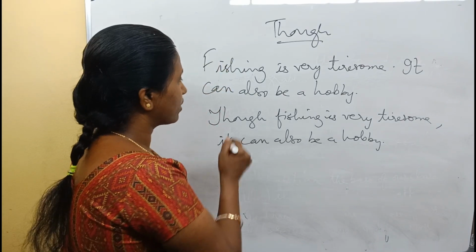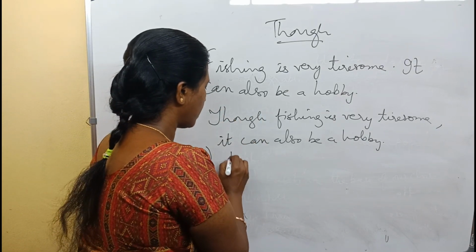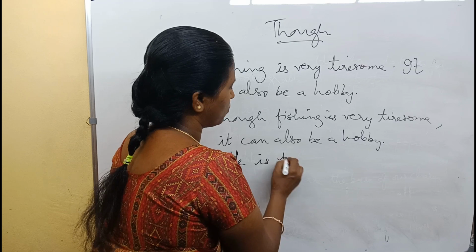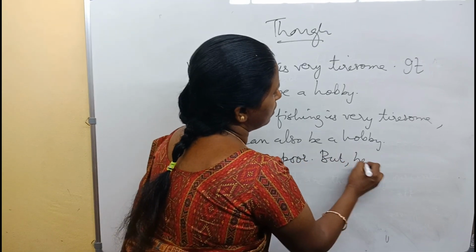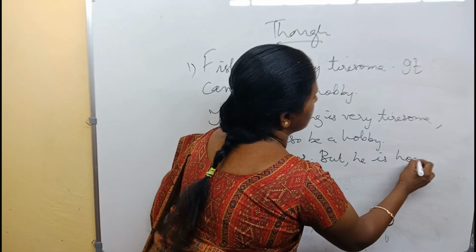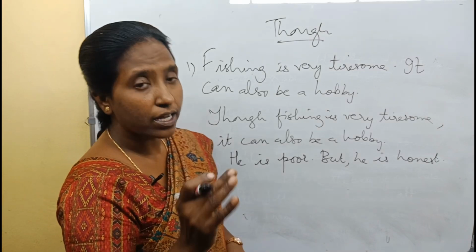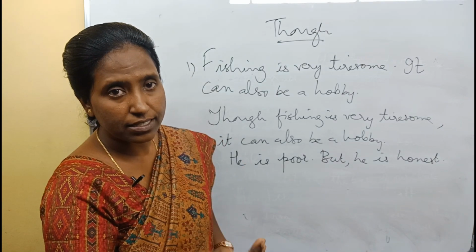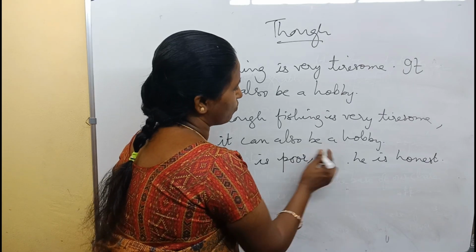Okay, here I would like to mention one thing when you are using though. Okay, he is poor, but he is honest. In case this is the sentence and you are asked to combine these sentences using though, suppose it is already combined also.